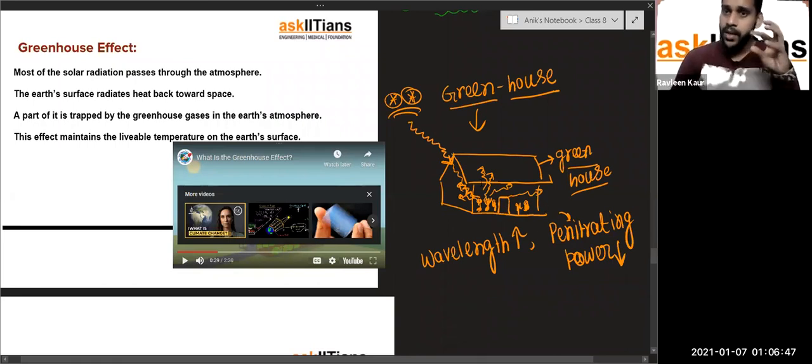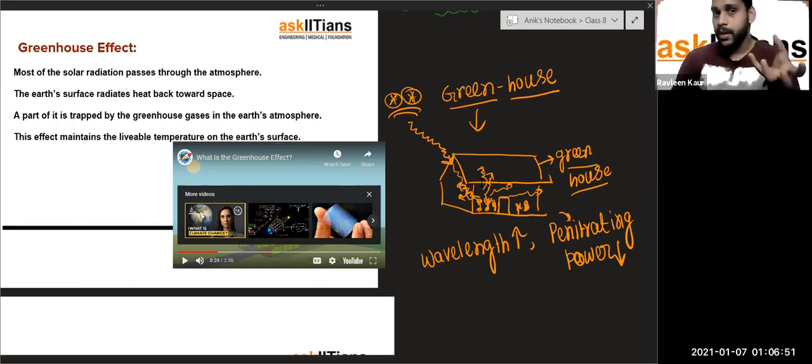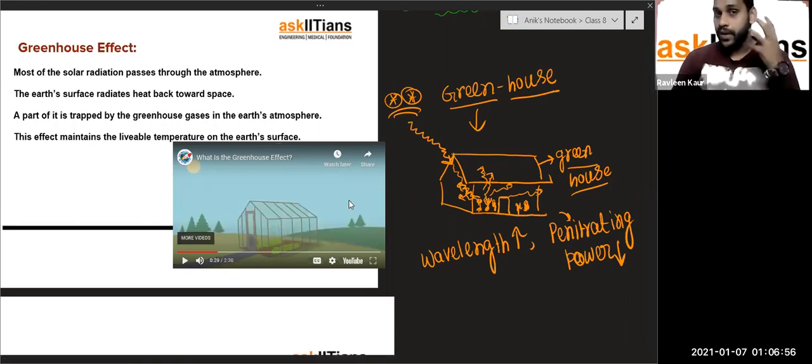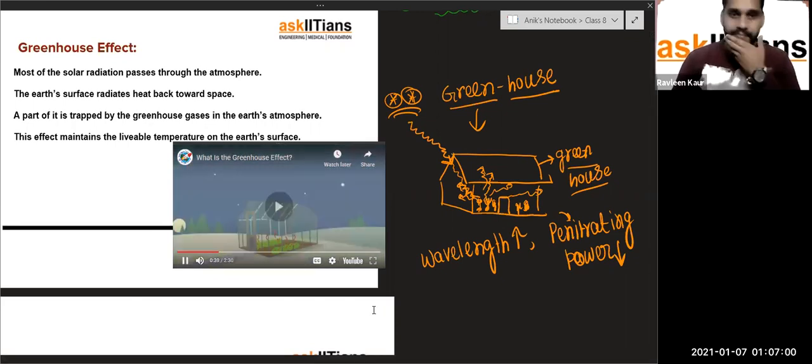As a result, the trees are getting compatible temperature and light to survive. This is a very helpful thing to grow these plants.